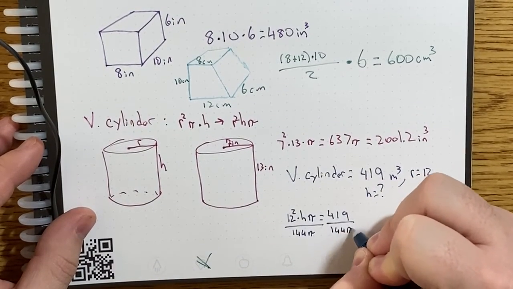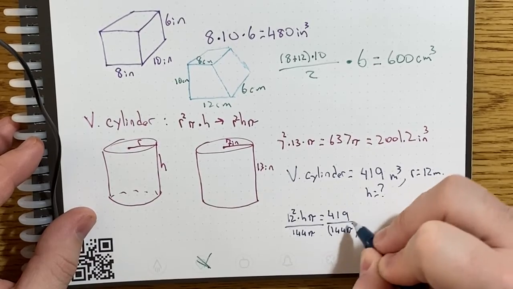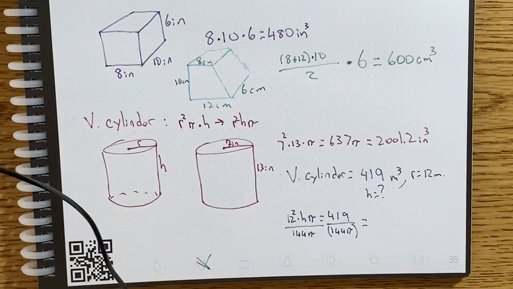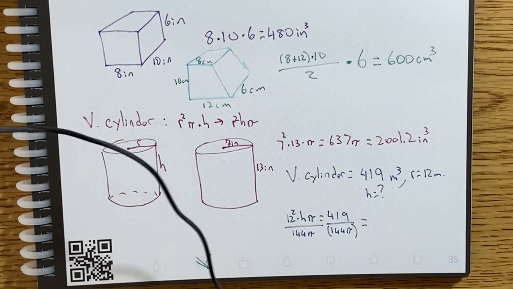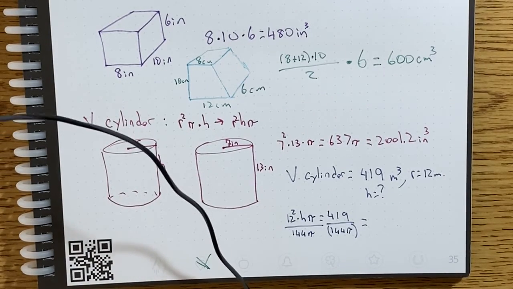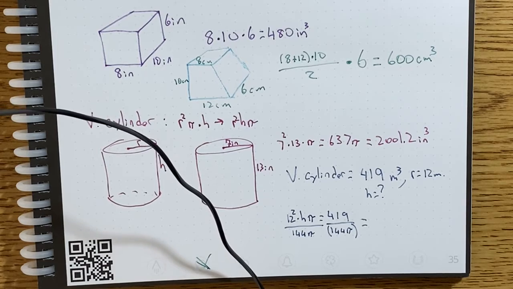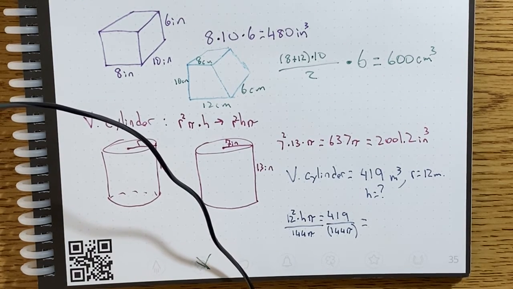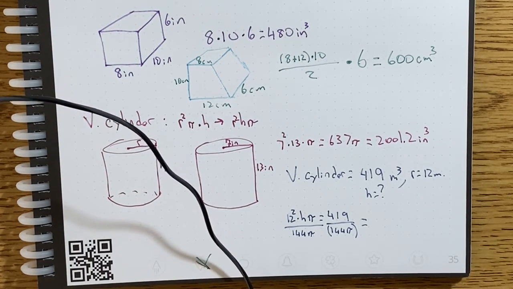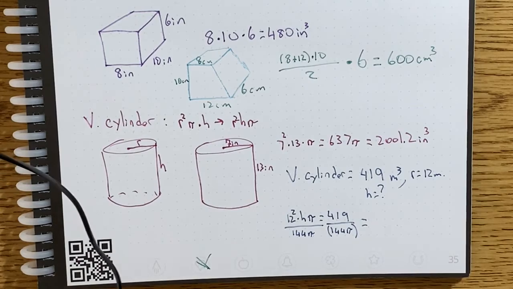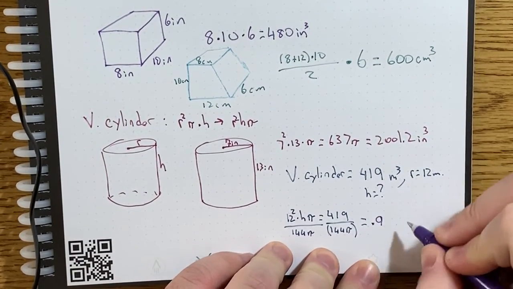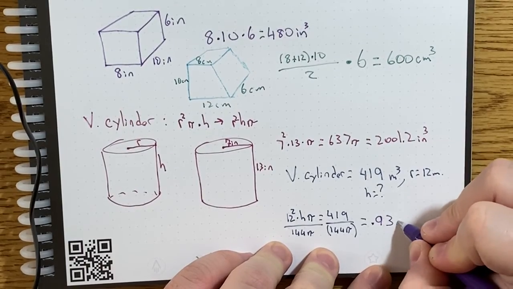Remember, if you're doing this in a calculator, you've got to put that 144 pi into the parentheses or it's not going to work at all. And then hopefully you'll get an answer of something very, very small, apparently. 0.93 meters.